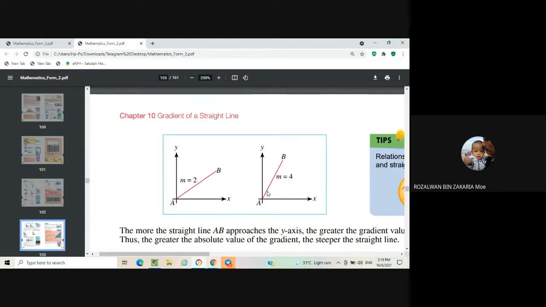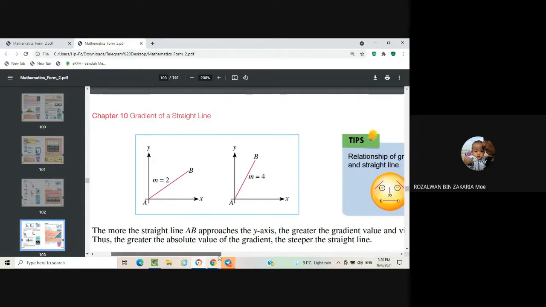If you compare the angle of the second graph to the angle of the first graph, this angle is bigger. The more the straight line AB approaches the y-axis, the greater the gradient value, and vice versa.